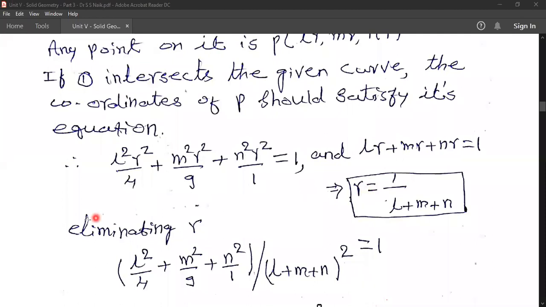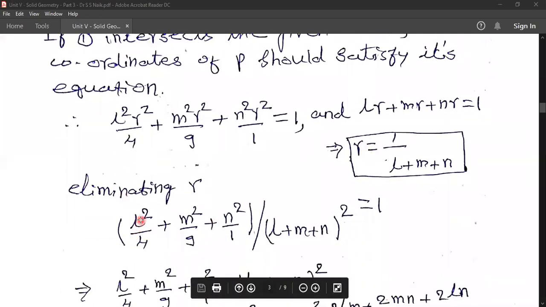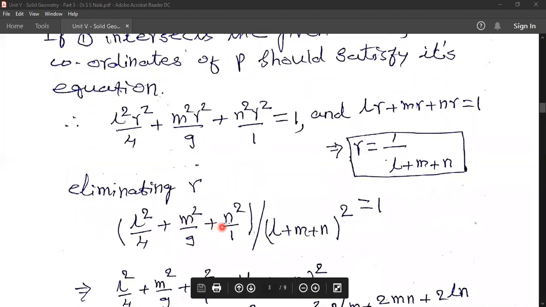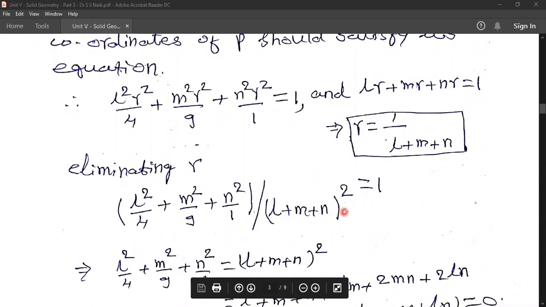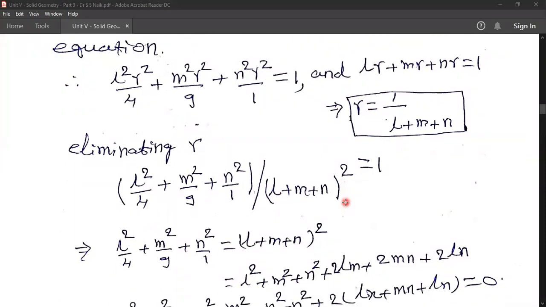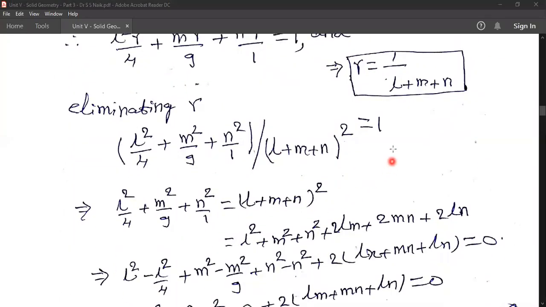Therefore, eliminating this r, we get l squared upon 4 plus m squared upon 9 plus n squared upon 1, taking r squared common, and then put the value of r. This is equal to r squared, which is 1 over (l + m + n) squared, when this is equal to 1.